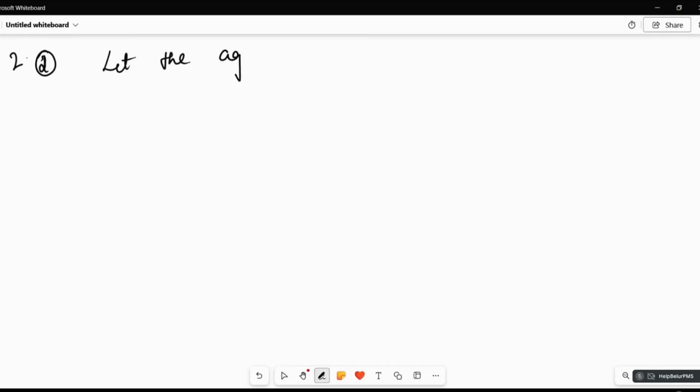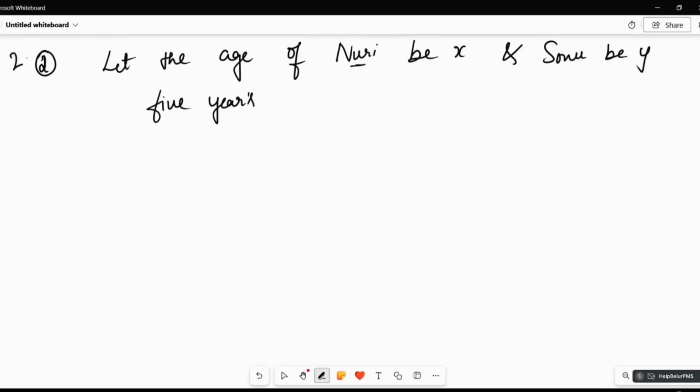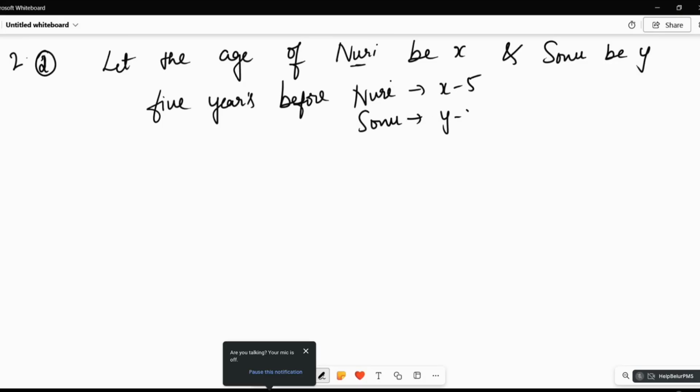Let the age of Noori be x and Sonu be y. Okay. So 5 years ago means 5 years before. 5 years before her age will be x minus 5. And Sonu's age will be y minus 5.